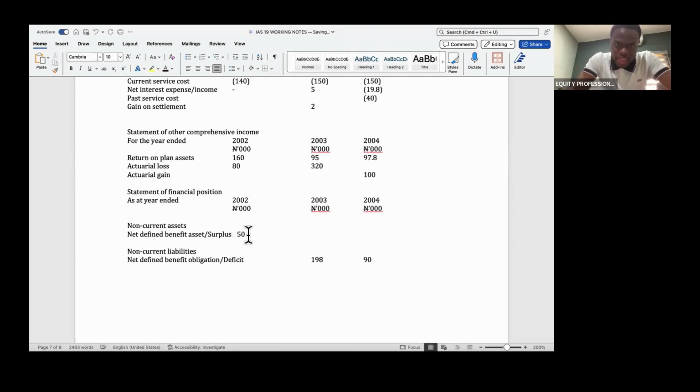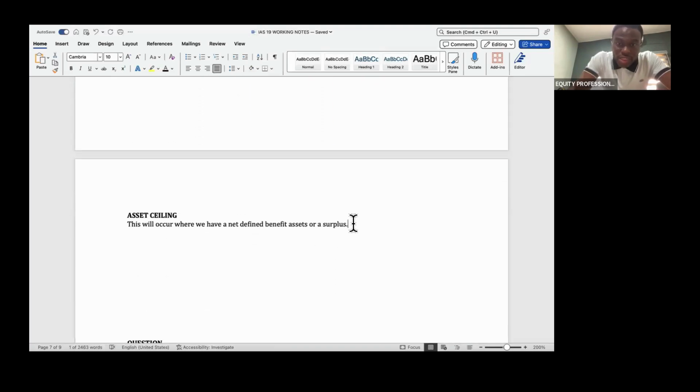Like this 2002 now, where after we did all our workings, we're now having a net defined benefit asset or a surplus. So there's something we call asset ceiling, okay? And what this is talking about is that this asset ceiling is to ensure that the surplus that is recognized is not overstated.